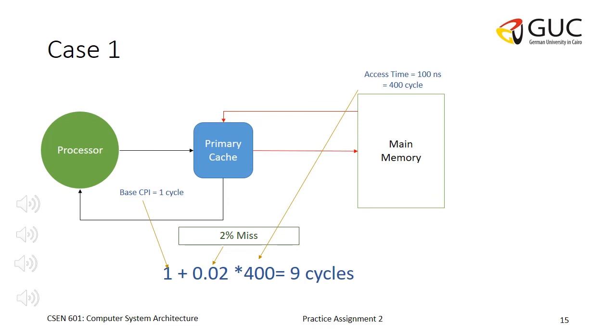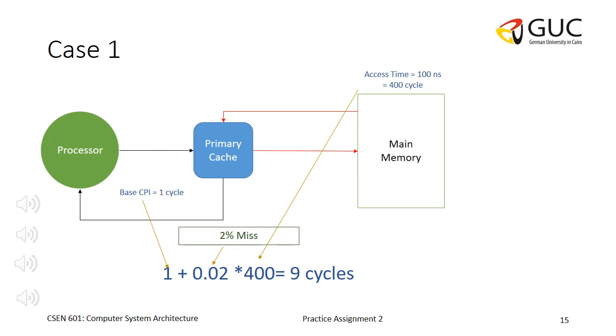So we have first the base CPI, which is the perfect case if we find the data. But we probably don't find the data. So what do we do if we don't find the data? If we don't find the data, we will miss. So how frequently can we miss? It's the 2%. But what is the cost of one miss? The cost of one miss is 400 cycles.